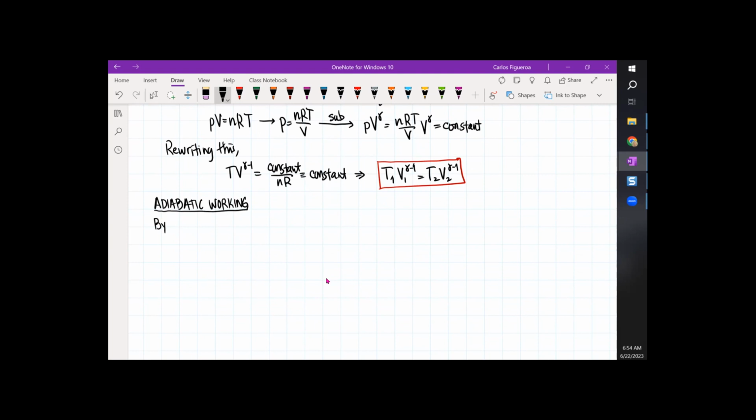By definition, we know that Q has to equal 0, where the first law shows that if I have adiabatic work, and of course heat here is 0, this is then going to equal the change in internal energy, which is the same as nCV delta T, where we can write this as 3 halves nR delta T. This is the important relationship right here.